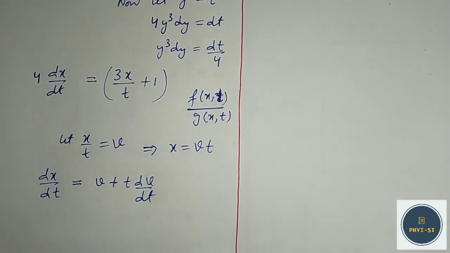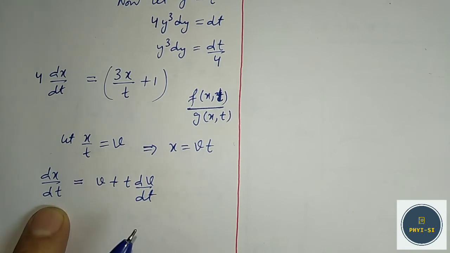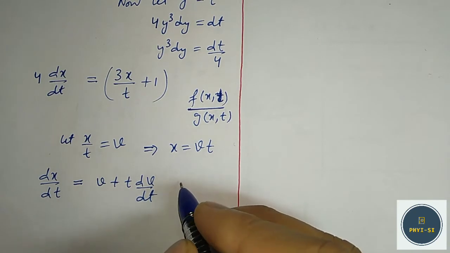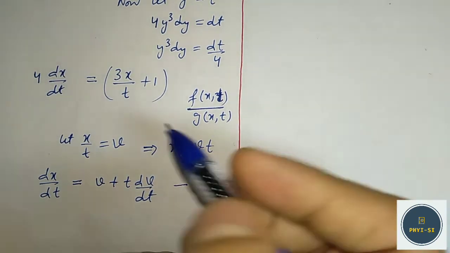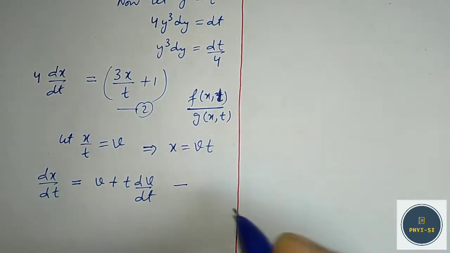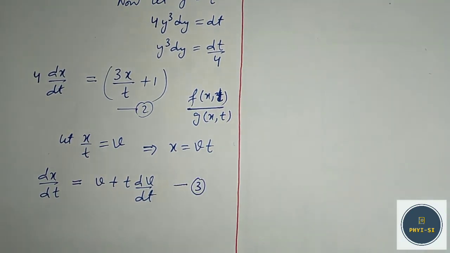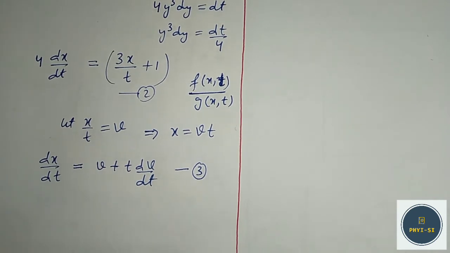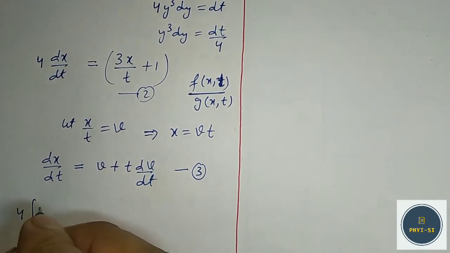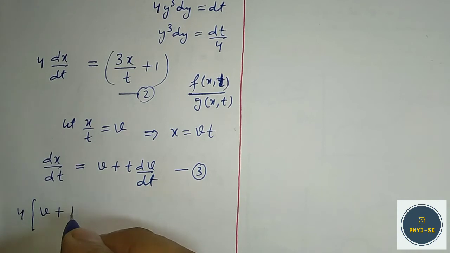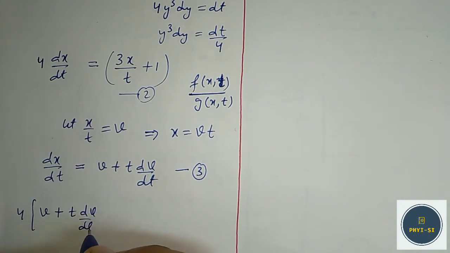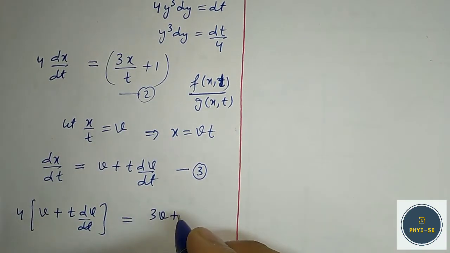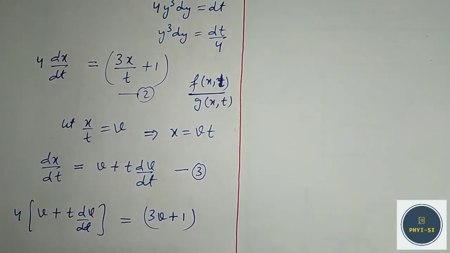Now we have dx upon dt, and we have x is equal to vt. I will substitute, name it equation number 2, and this equation number 3. Substituting 3 into 2, we'll get 4 times v plus t dv upon dt is equal to 3v plus 1.